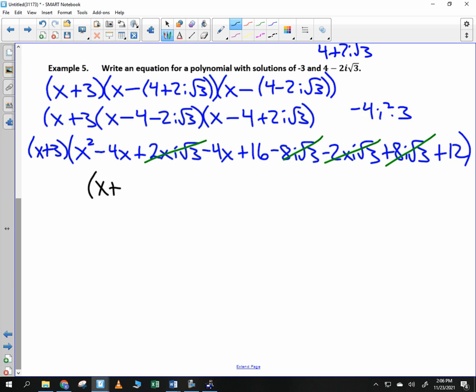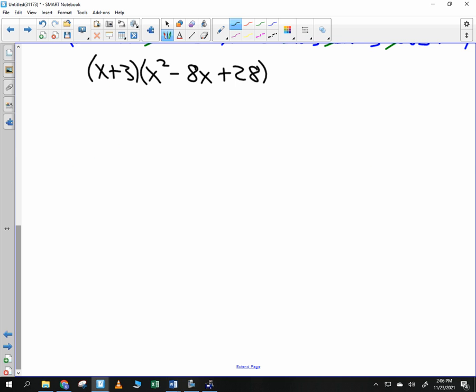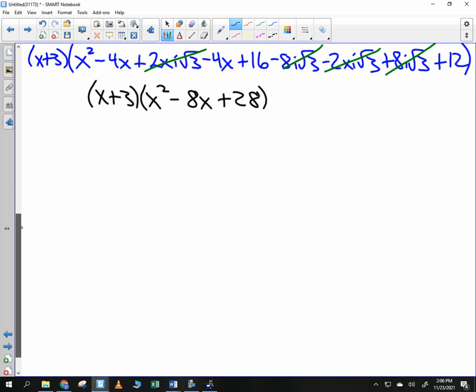So I've got the x plus 3, and what I have here is x squared minus 8x, negative 4x minus 4x, and plus 28. That looks nice. What happened to all the i's? They went away.